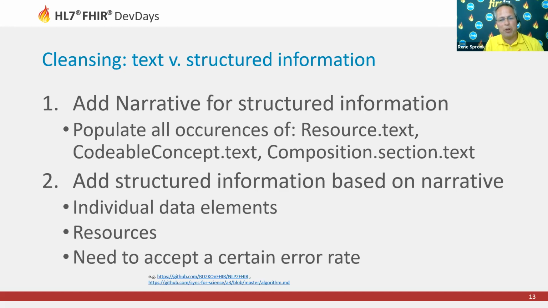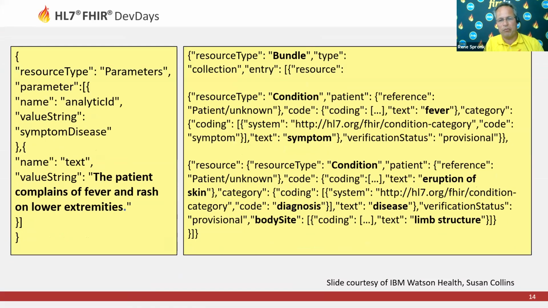There's a link here near the bottom, near some open source stuff, on doing this sort of transformation. And here we see an example, on the left-hand side, on IBM Watson Health, where we had a FHIR-based operation, and the input is a Parameters resource with a text valueString, as you see, and the output of the operation was a set of resources.